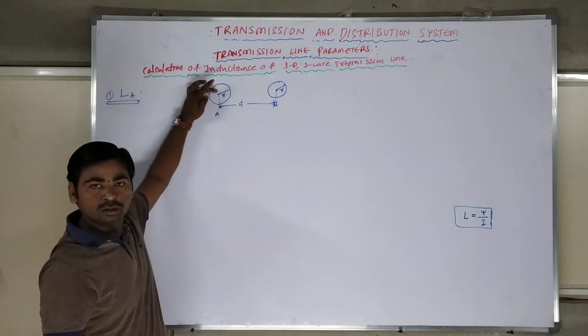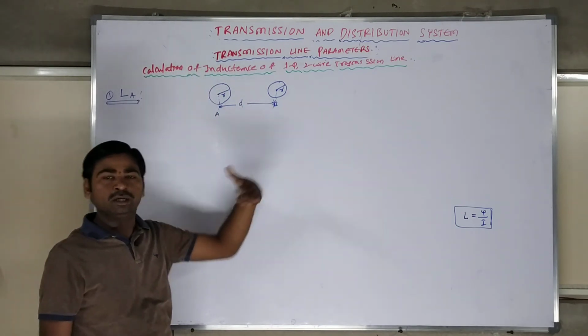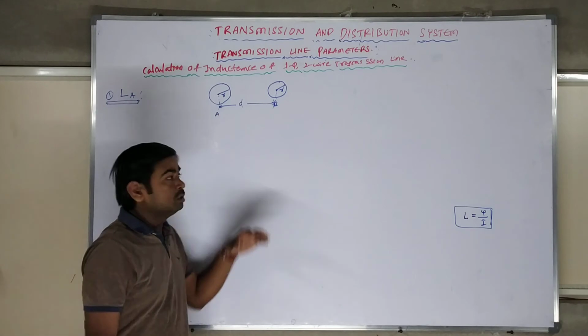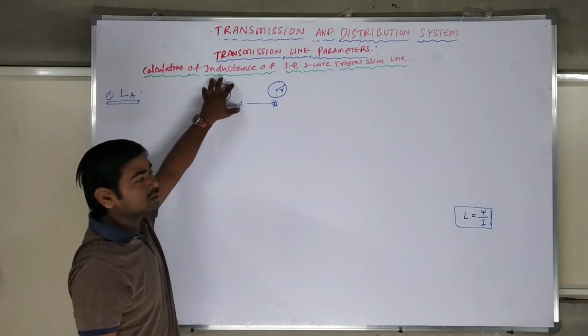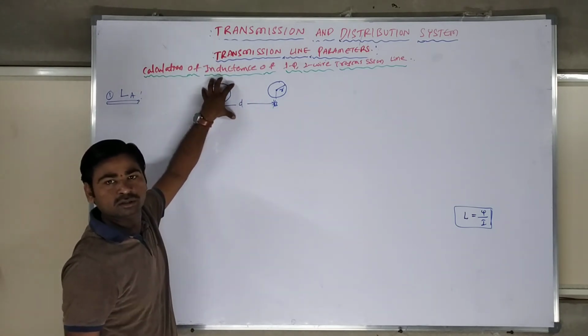That is nothing but internal flux linkages. Due to internal flux linkages, conductor A has some inductance.